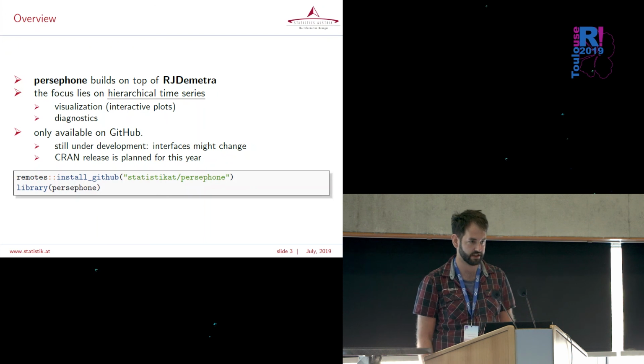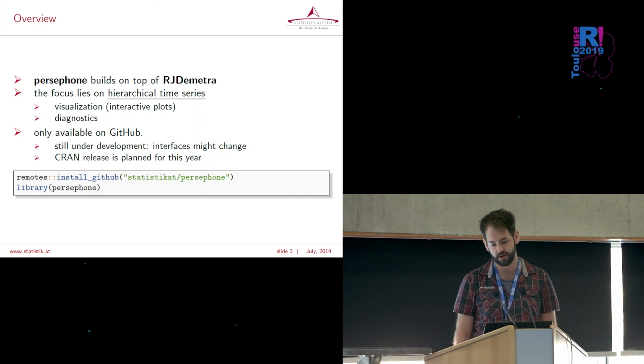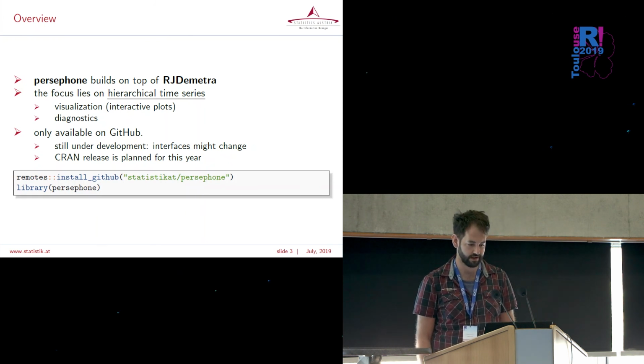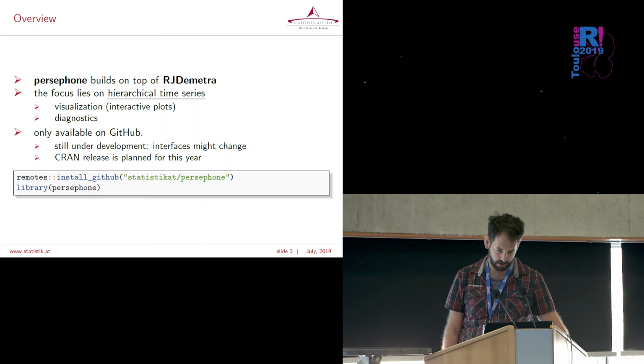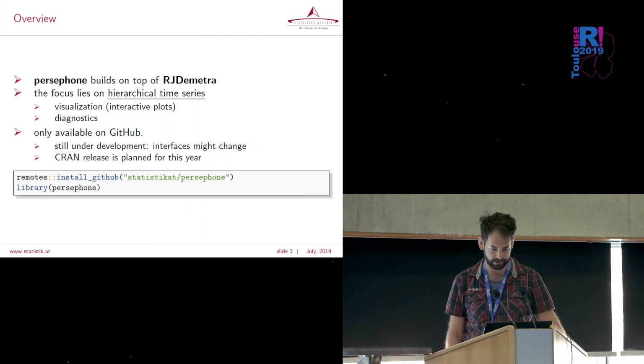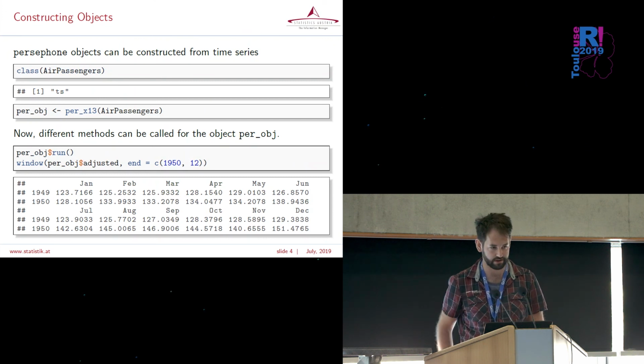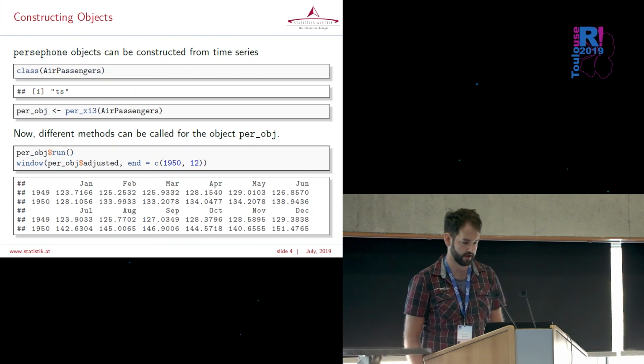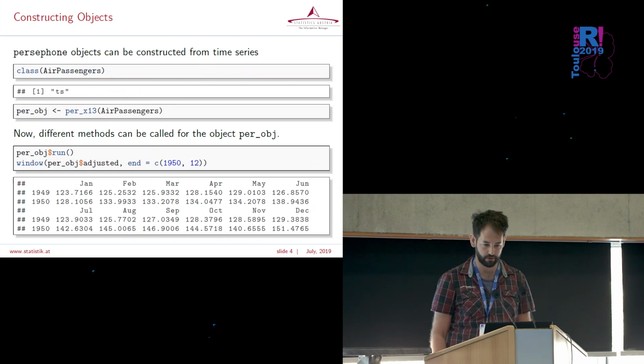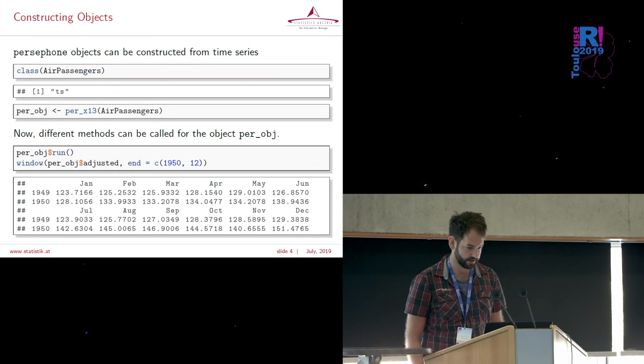Currently, this package is only available on GitHub, so interfaces might change, but its grand release is planned later this year. You can, of course, install it with the remotes package and the install_github command. So about the basic syntax, this package allows to basically convert time series objects into so-called Persephone objects.